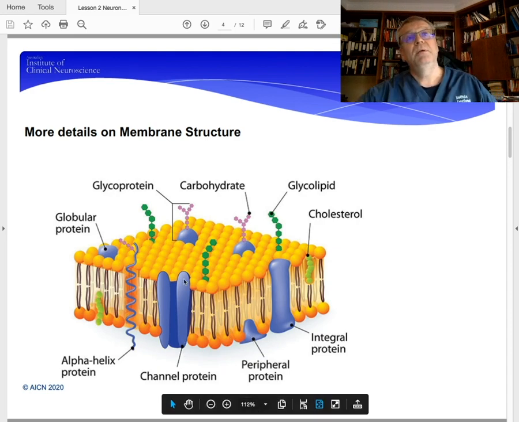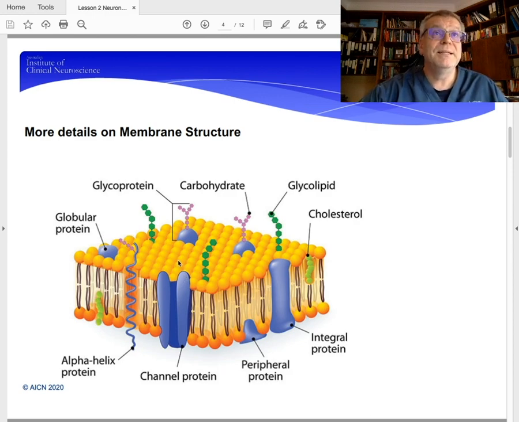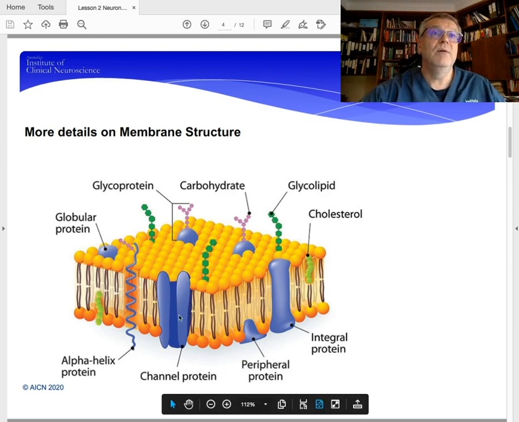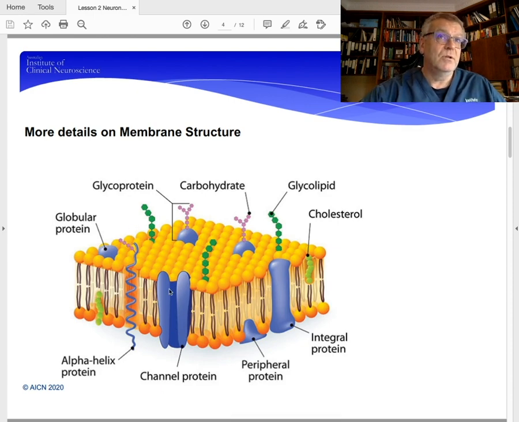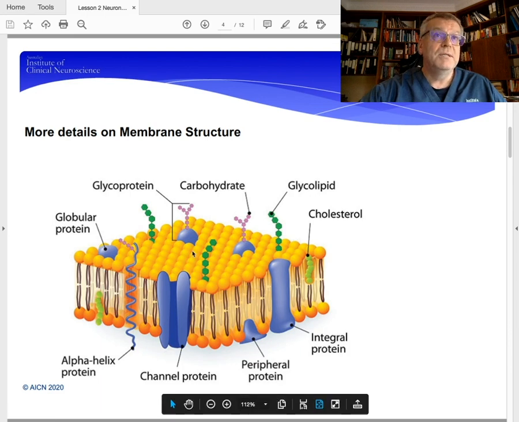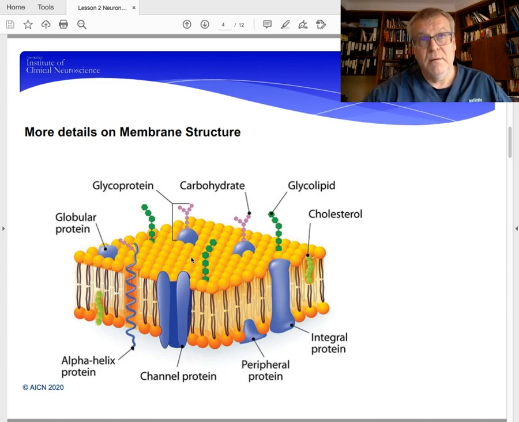And these channel proteins are extremely important because they allow things to move in and out in a specific fashion, from the outside of the cell to the inside, or from inside to outside. And these channel proteins, as we'll find in later lessons, can be passive or they can be active. There can be a variety of different functions associated with these.